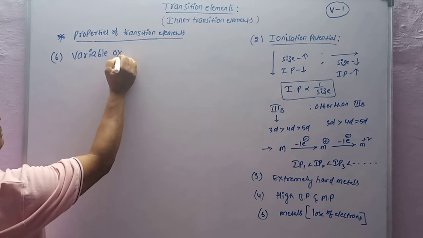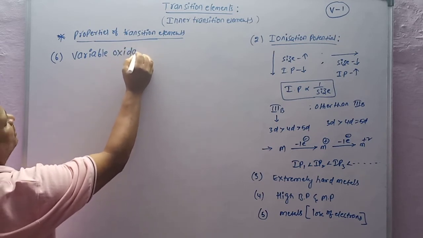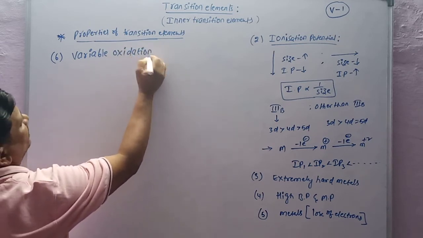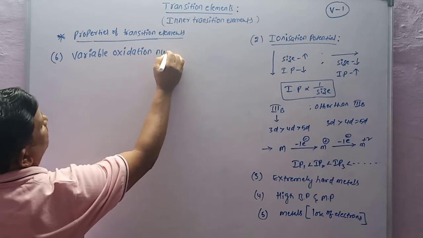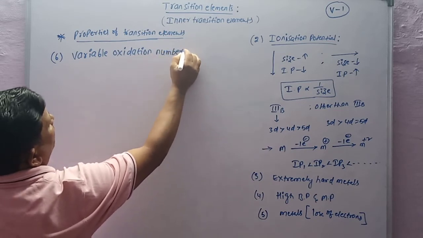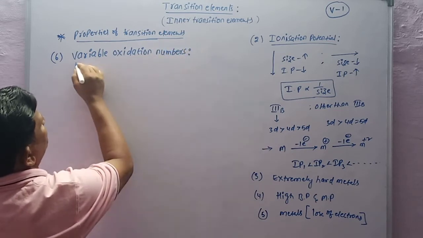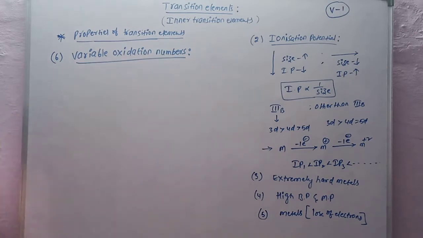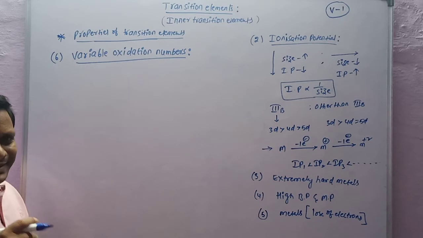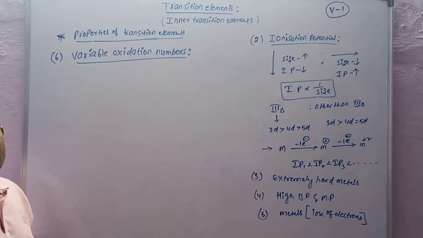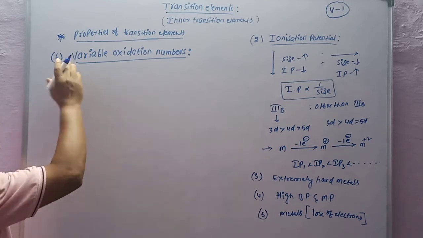Variable oxidation numbers. Variable oxidation number means the same element exhibits more than one oxidation number.